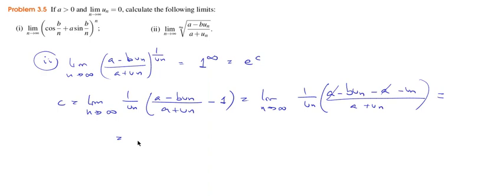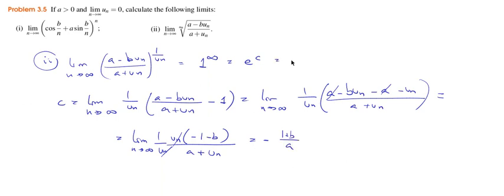And this is the limit when n goes to infinity of u sub n minus 1 minus b over a plus u sub n, and everything multiplied by 1 over u sub n. This thing and this thing cancel each other out, and then you have minus 1 minus b divided by a plus u sub n, but u sub n is going to 0, so the limit of this is minus 1 plus b over a. Okay, this is c, so the limit is e to the minus 1 plus b over a.